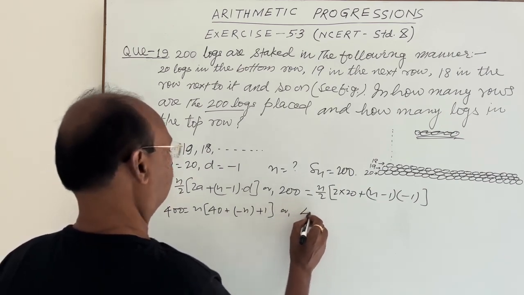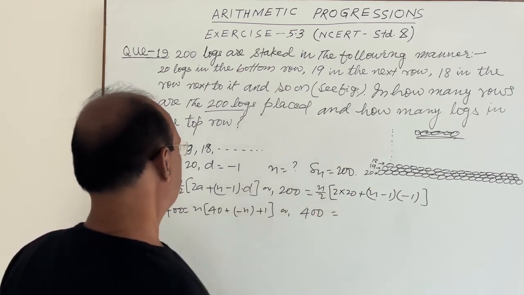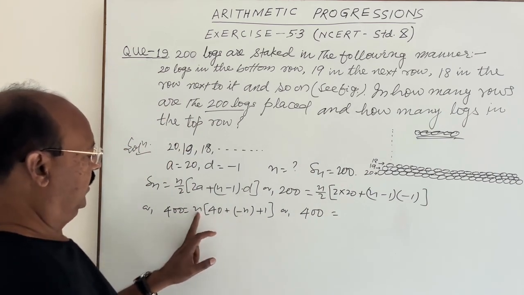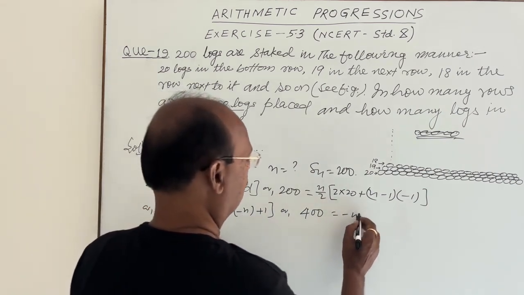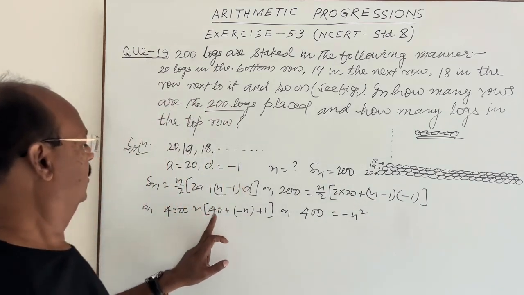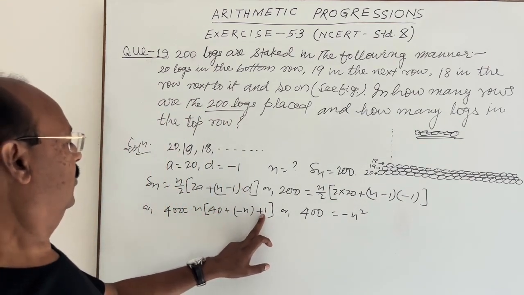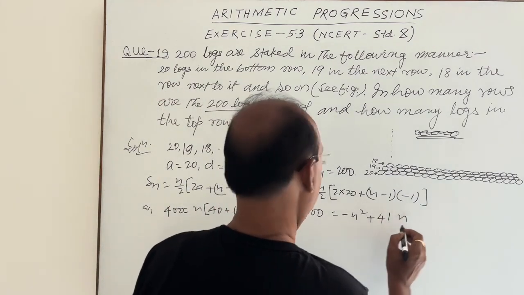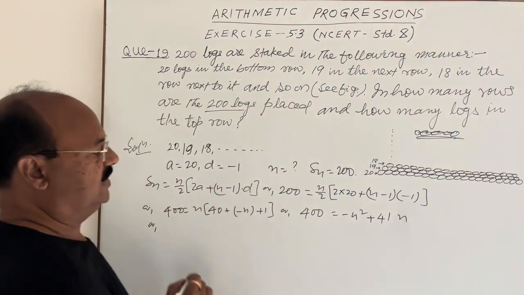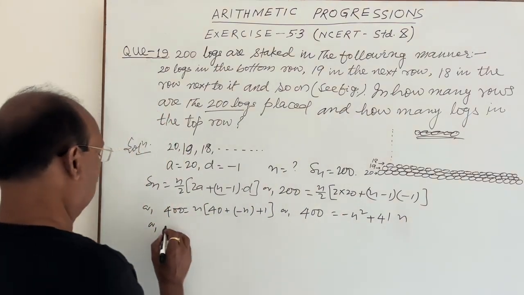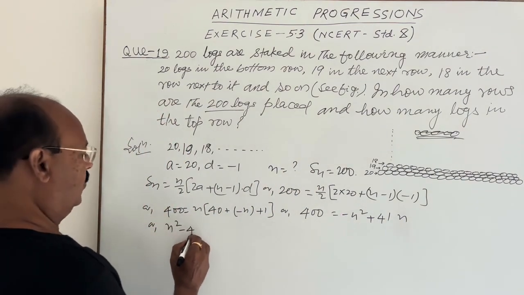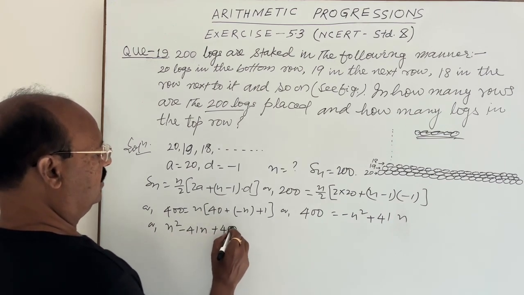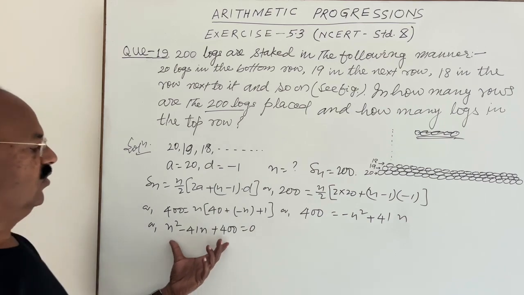So 400 is equal to n into 40 minus n square plus n, that is 41n minus n square. Transposing the terms to the left side, we get n square minus 41n plus 400 is equal to 0. This is a quadratic equation.